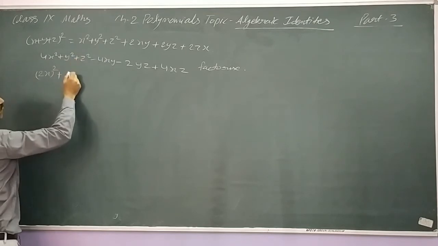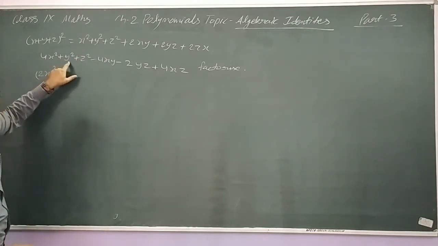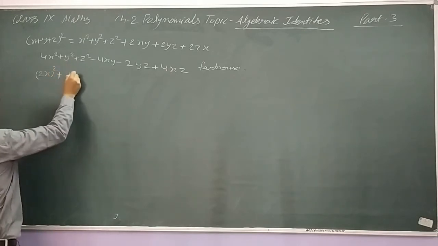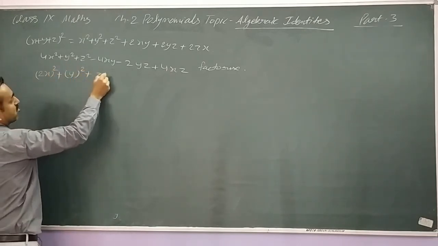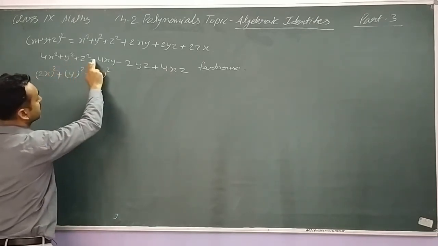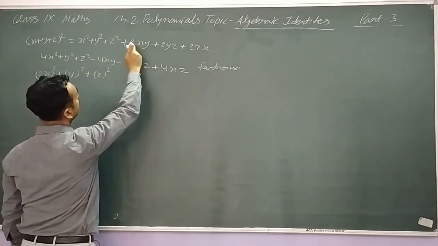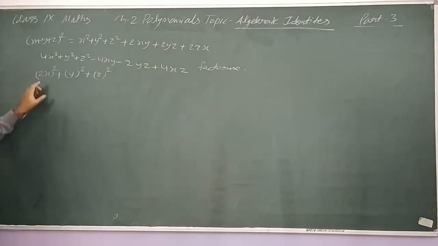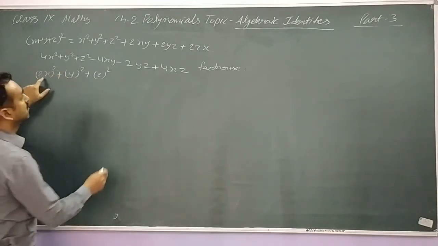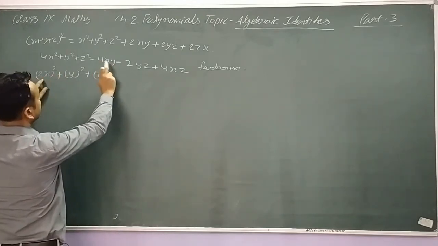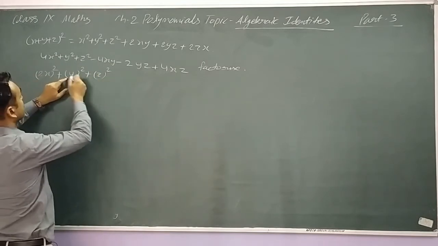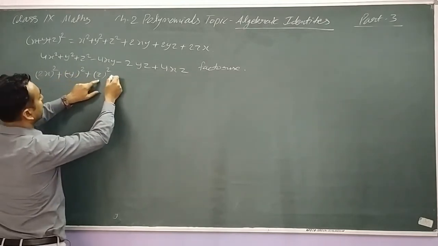Y square is simply y square, so it will be the same, and z square is the same. Now you can see here minus and here plus, so one of them may be negative. Here is 2 negative, so y will be negative.